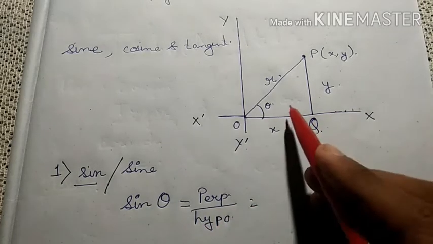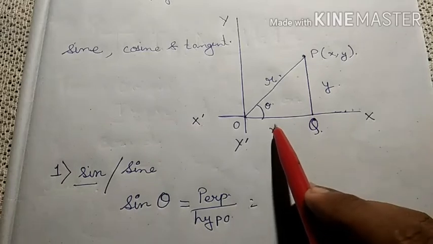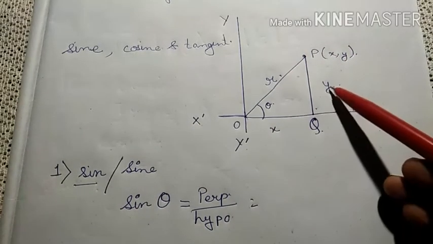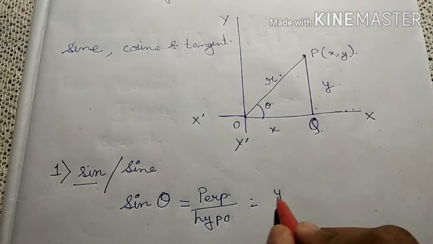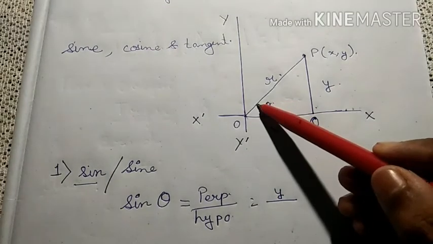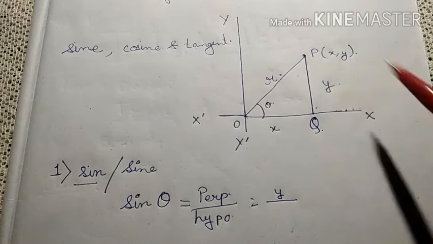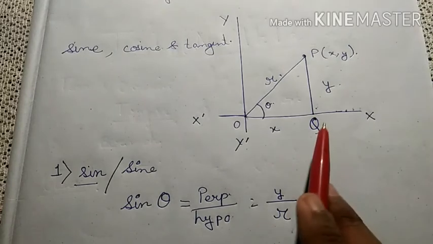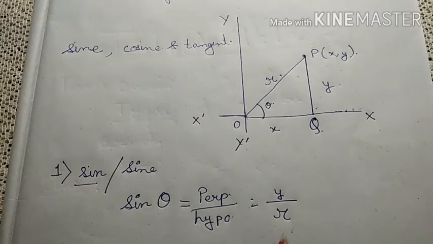So from the above diagram, the perpendicular here is PQ. So it is y. And the hypotenuse is R, that is OP. So sine theta is the ratio of perpendicular by hypotenuse. From the above diagram we can say it's equal to y by R.